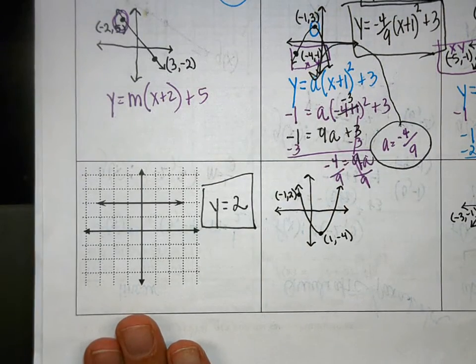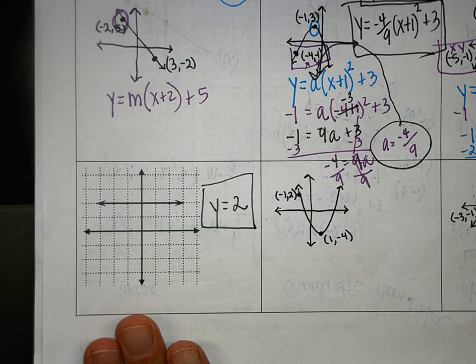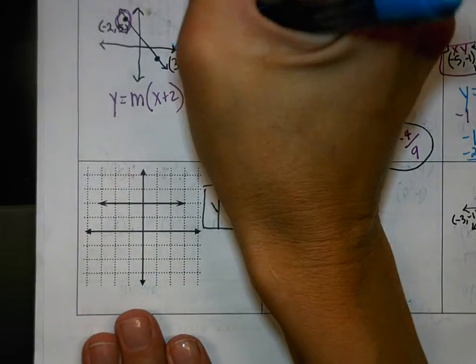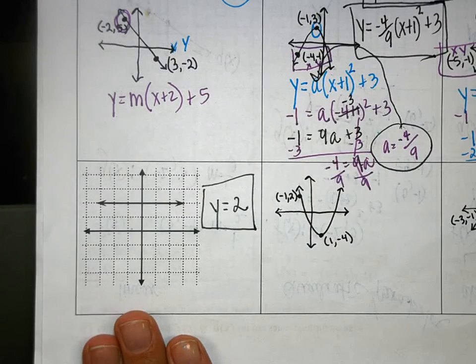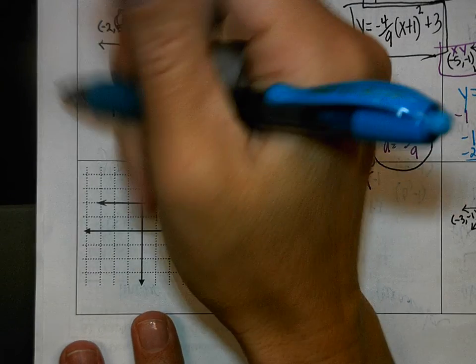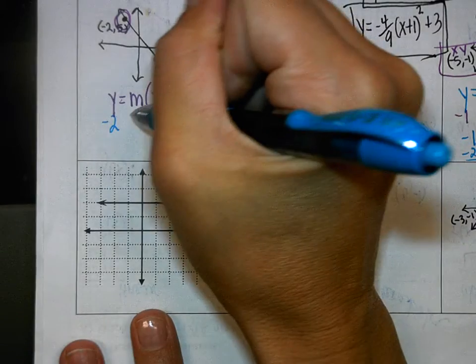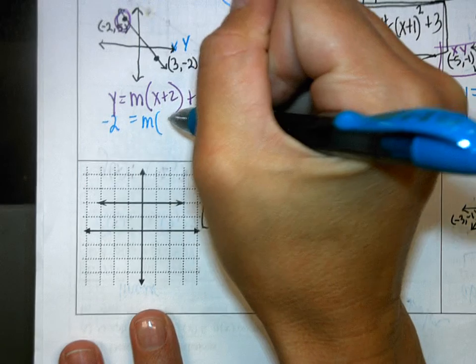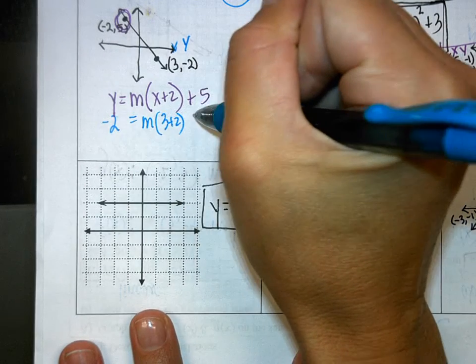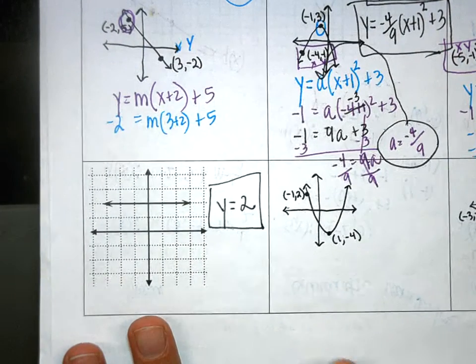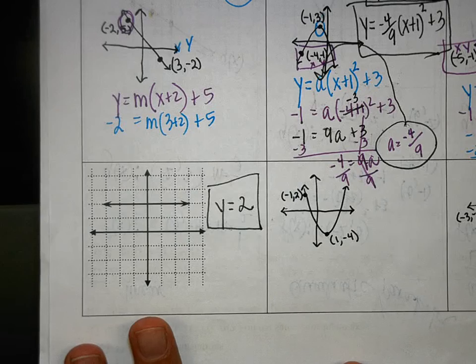Okay, what's next? How do I find m? Plug this in. So this is x and y, and we're going to use those two values to solve for m. So we have -2 equals m, and then 3 plus 2 plus 5. What's 3 plus 2? 5.